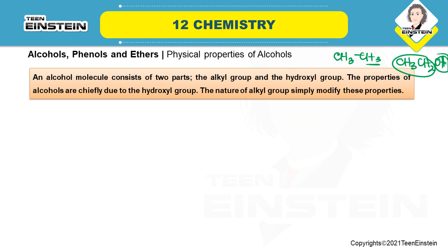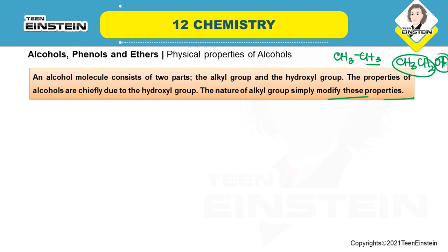Now the properties of alcohols are chiefly because of this hydroxyl group, and this is the group which brings some different characteristics to this molecule, because if it is an alkane, you do not have any polar group like OH, and the properties are completely different. But when you replace just one hydrogen with OH, all the properties change. So the properties of alcohols are chiefly because of the hydroxyl group, and the nature of the alkyl group simply modifies these properties.